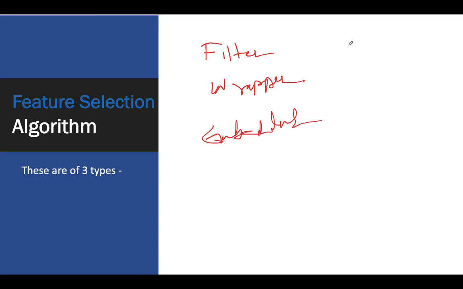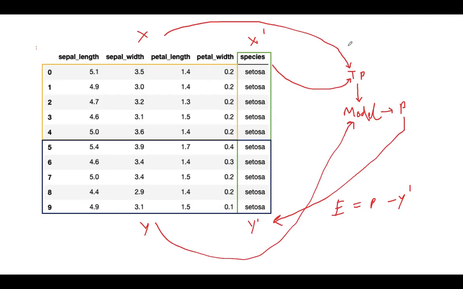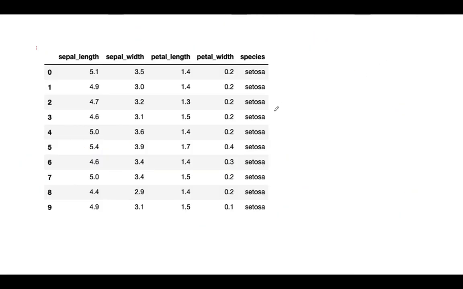Now let's quickly see how these things work. Let's say this is your data. What is a training and testing data set, guys? Suppose you are creating training and testing data sets from this data. You will make some boxes over there.